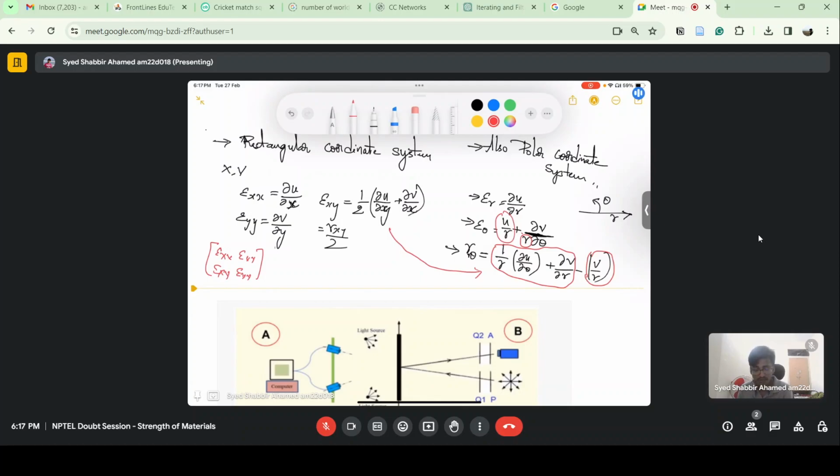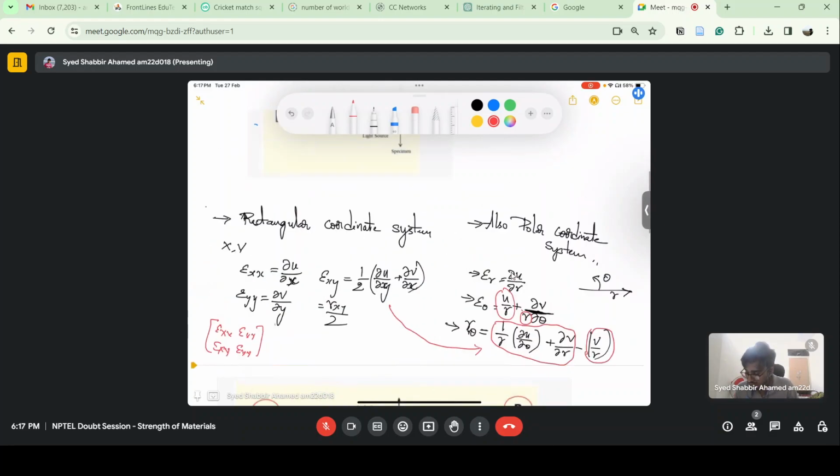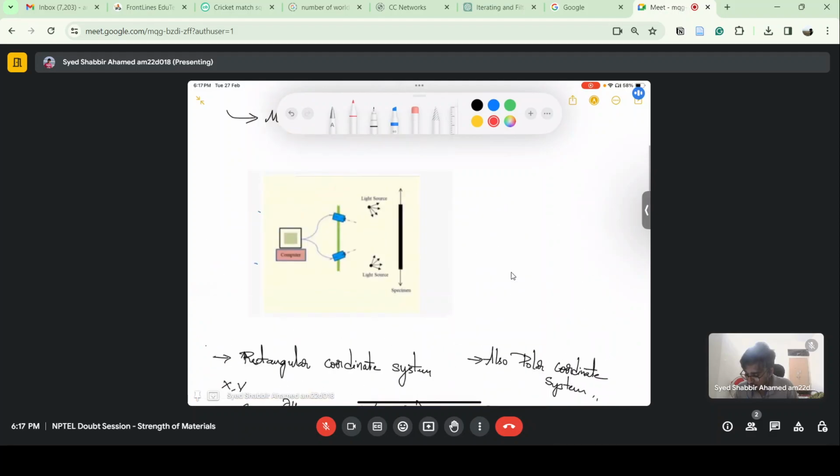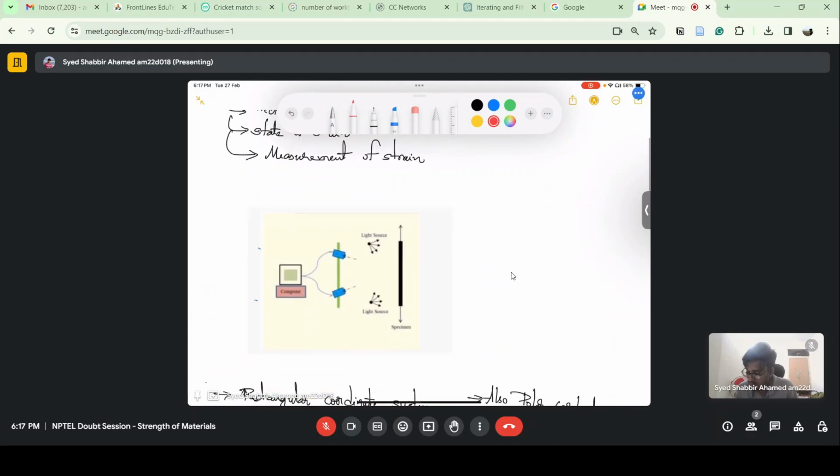In a similar way, we also have epsilon r, gamma r theta, and epsilon theta. So this is how the state of strain is denoted in a rectangular coordinate system and a polar coordinate system.